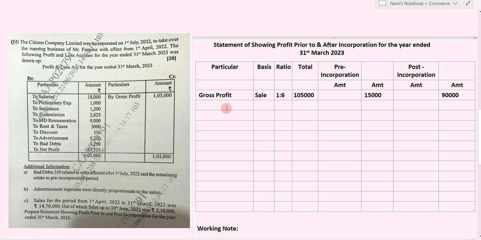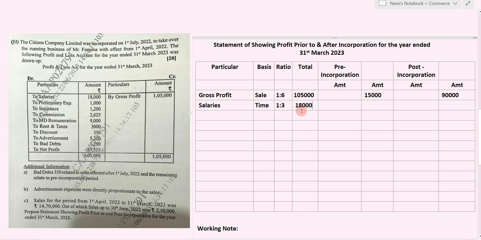Next is salaries. Salaries are allocated on the basis of time ratio. So the time ratio is 1:3. Total salary is 18,000.